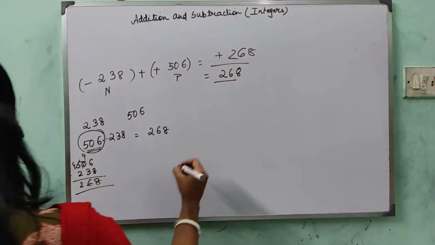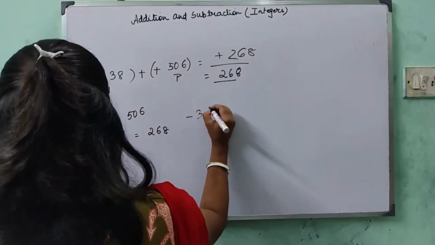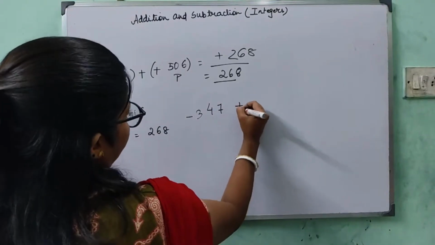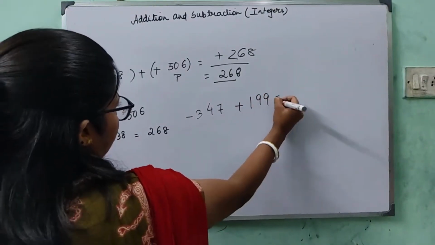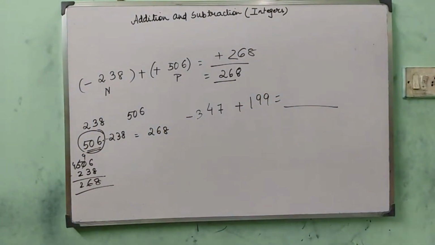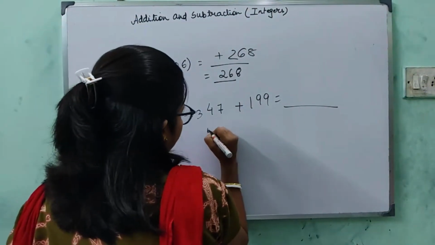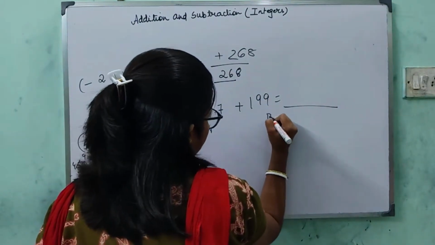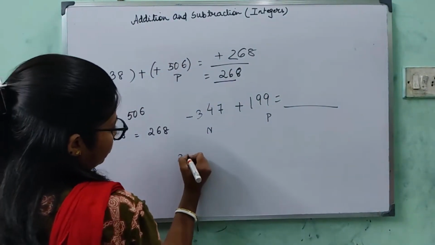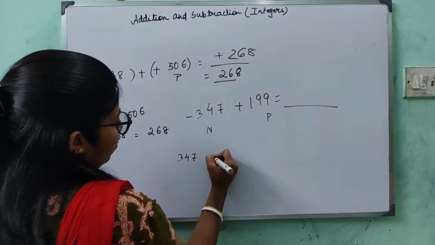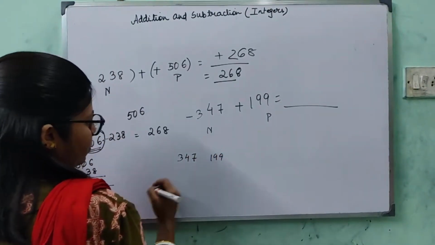Okay. Similarly, you can see minus 347 and plus 199. What about this? Minus 347 and plus 199. So what are we going to do over here? This is a negative number I can see, and 199 is a positive number. So you take them out, 347, 199. You subtract them.